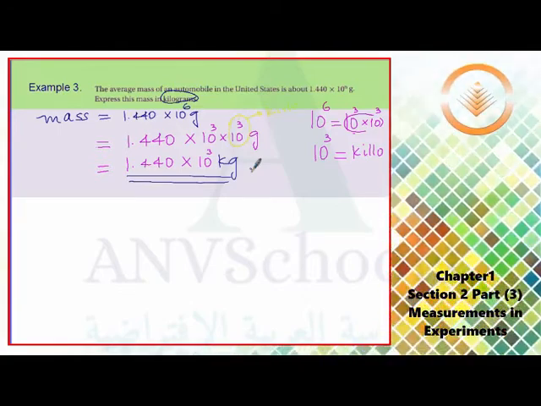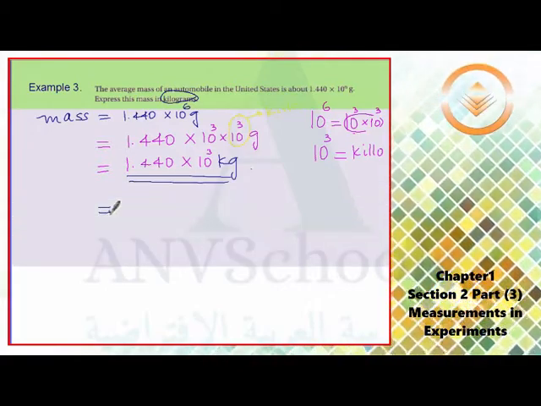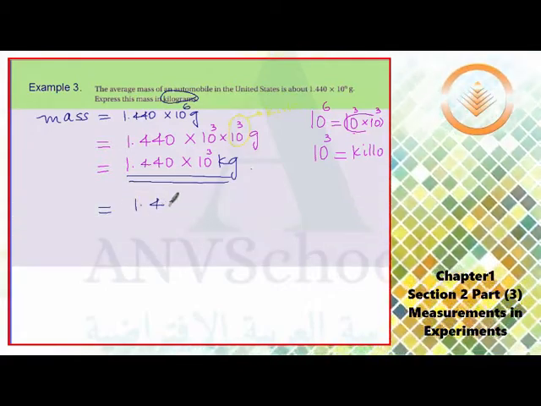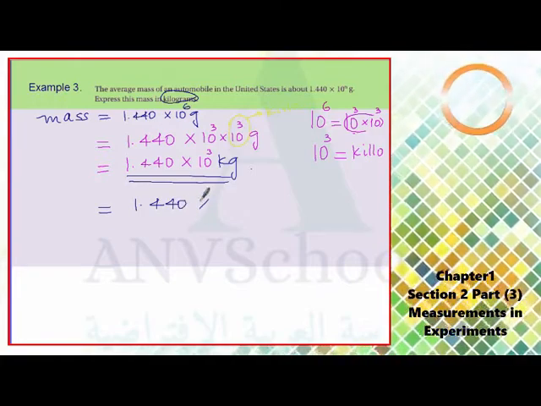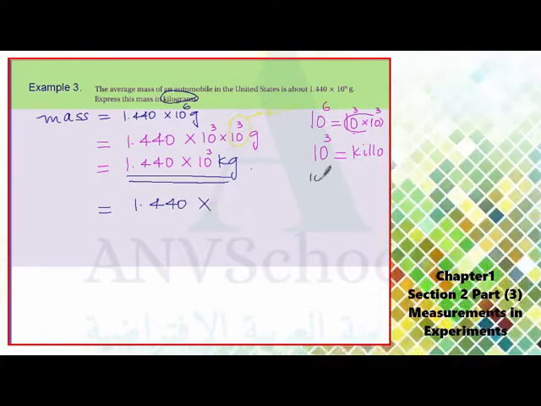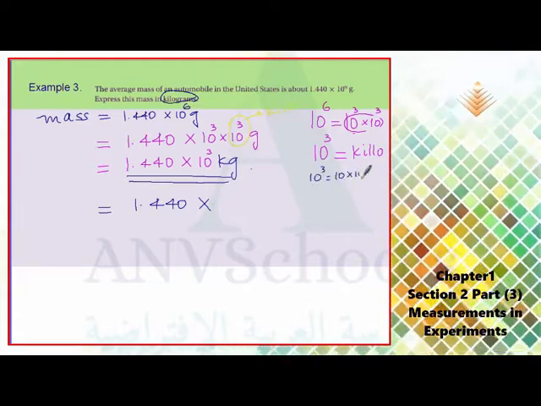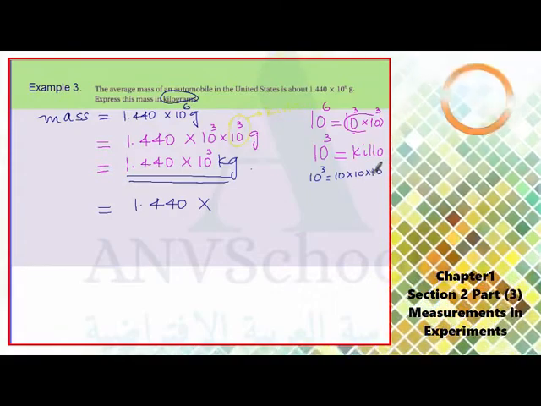In some books, or sometimes, if you like, you can write this as 1.440 multiplied by 10 to the power of 3, which is 10 times 10 times 10. You multiply 10 three times. That's 1000.